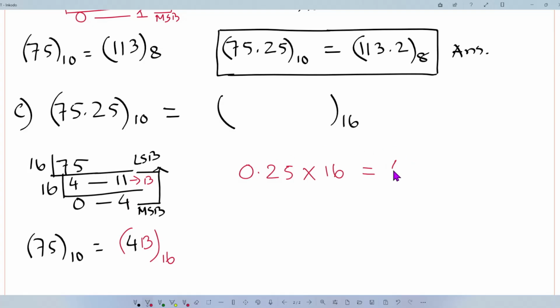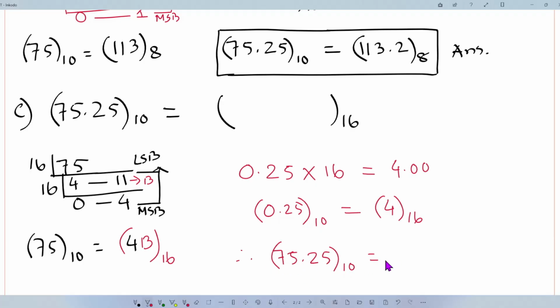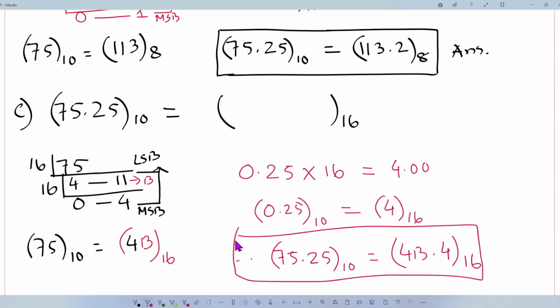It means 4.00. So we can write 0.25 decimal to hexa, it will be 4, right? So 75.25 decimal to hexa will become 4B.4, right? This is hexa and this is our answer. Okay, so very simple.